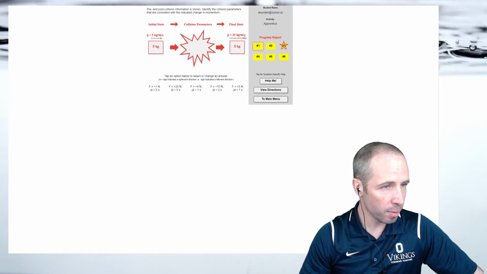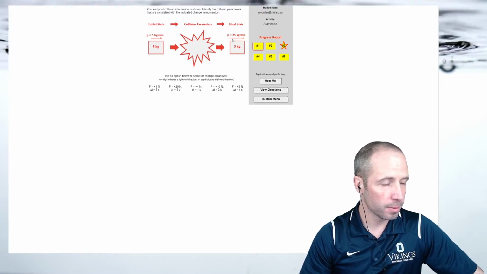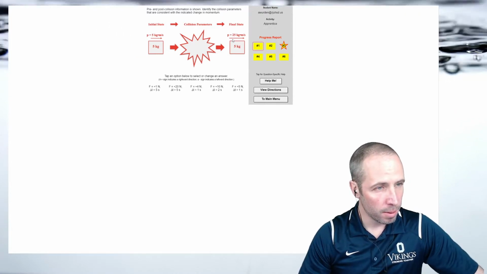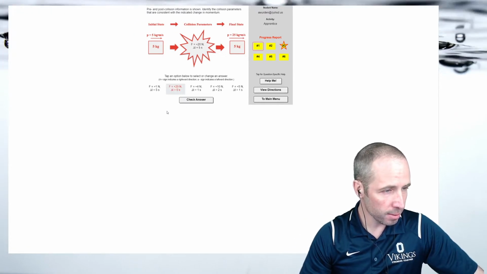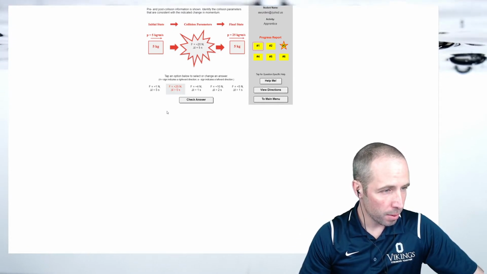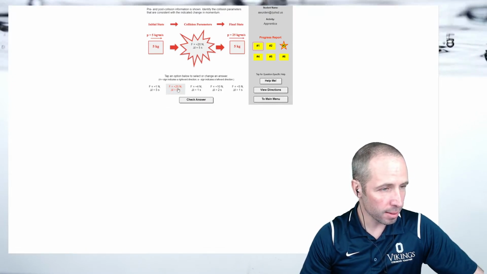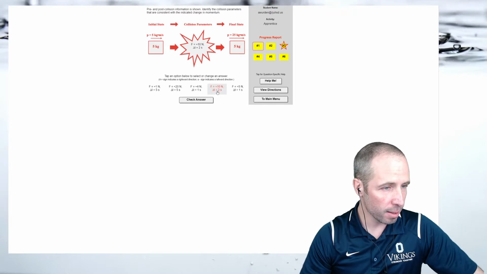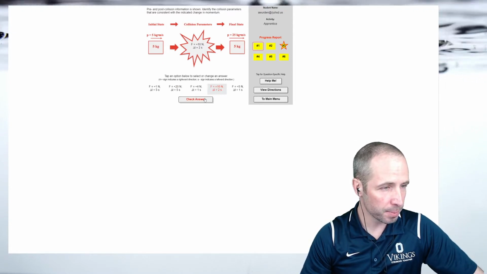Our momentum afterwards was 25. By how much did it change? Plus 20. Looking down here, is this the right answer? No, that would be plus 100 Newton seconds. This is the answer I want right there. The multiple of force times time gets me impulse.